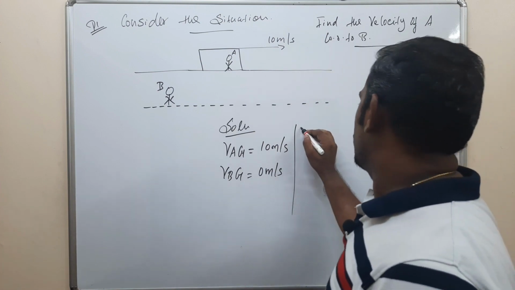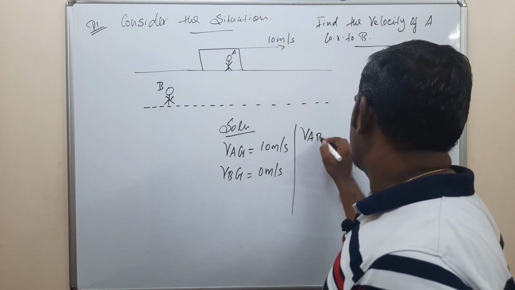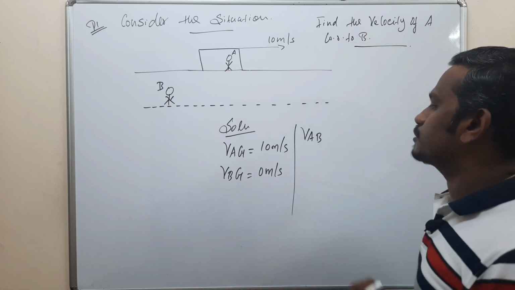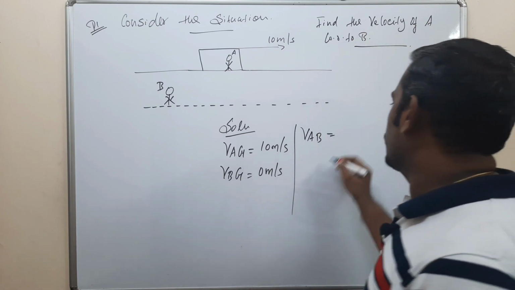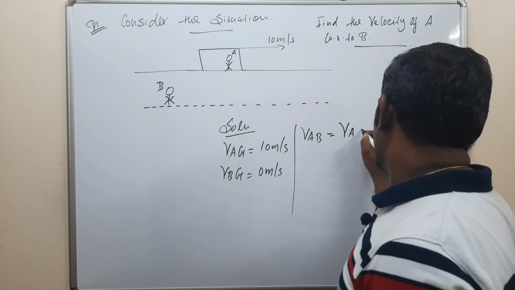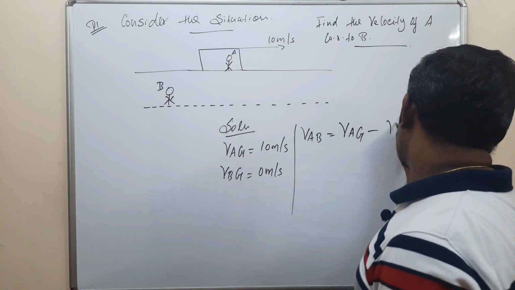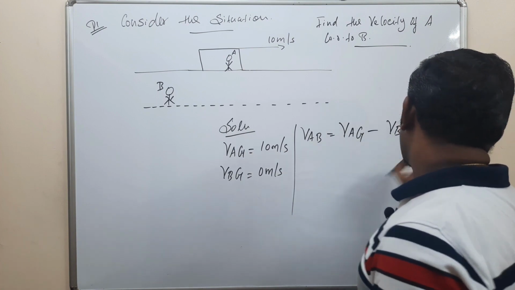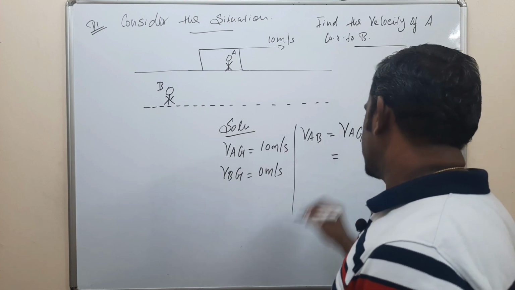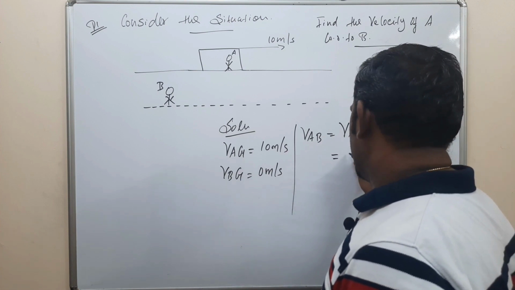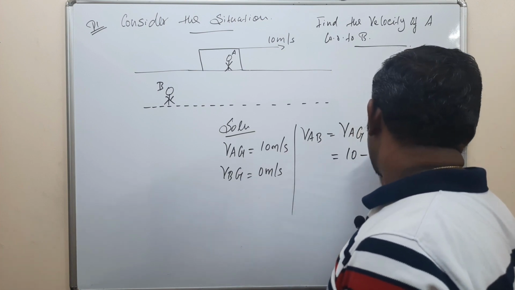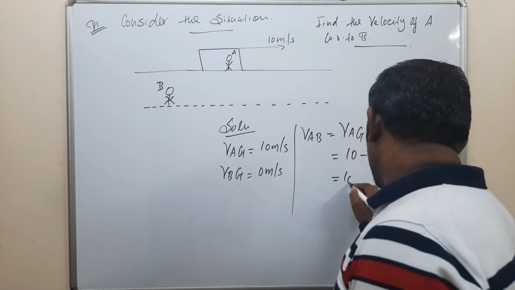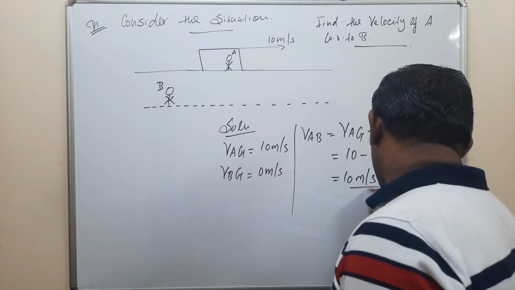So VAB, the velocity of A with respect to B, is equal to the velocity of A with respect to ground minus the velocity of B with respect to ground, that is 10 minus 0, equal to 10 meter per second.